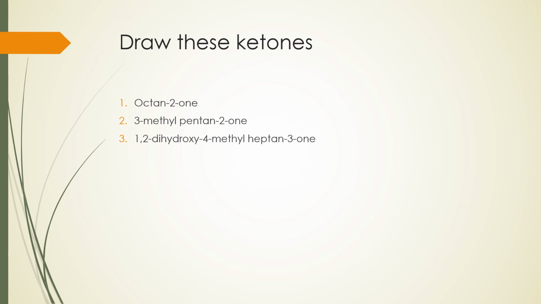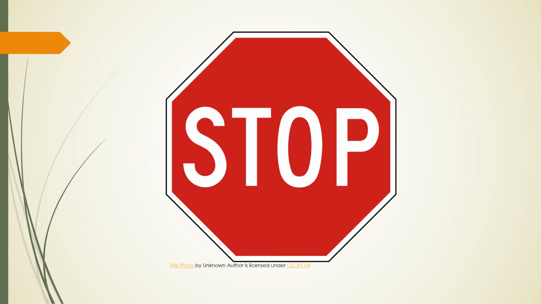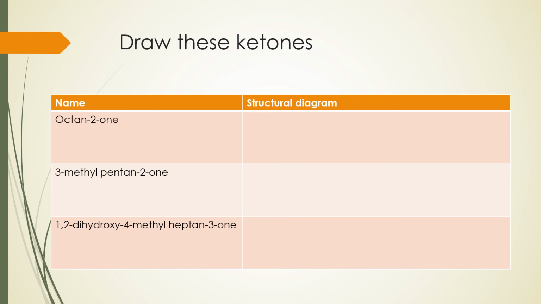Now try drawing these ketones. Stop the video, have a go. Octan-2-one. 1, 2, 3, 4, 5, 6, 7, 8. 2. Now complete carbons bonding by putting in hydrogen so that each carbon bonds 4 times.